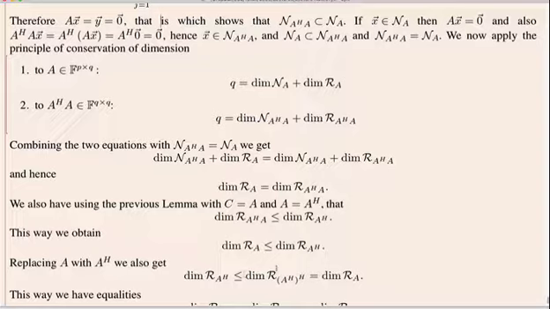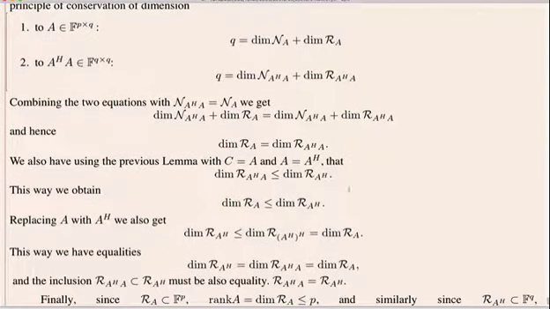If in this one we replace A with AH, we get that the dimension of the range of AH is less than or equal to the dimension of the range of AHH, but the Hermitian transpose applied twice is the original matrix, so that equals the dimension of the range of A. And then with these two together we get all the inequalities saying that the dimension of the range of AH is the same as the dimension of the range of AHA, which is the same as the dimension of the range of A.